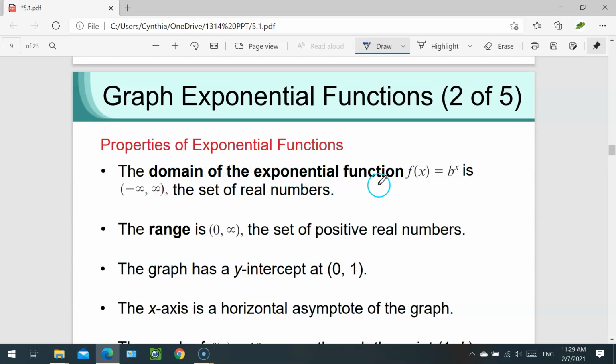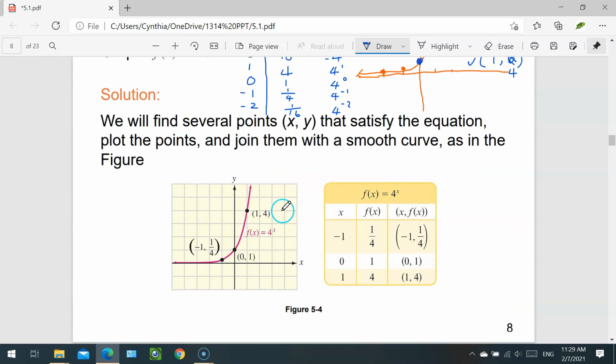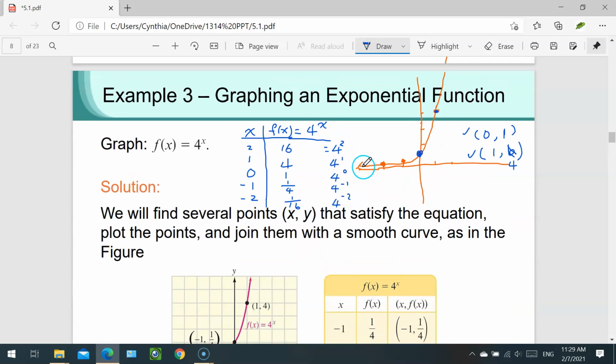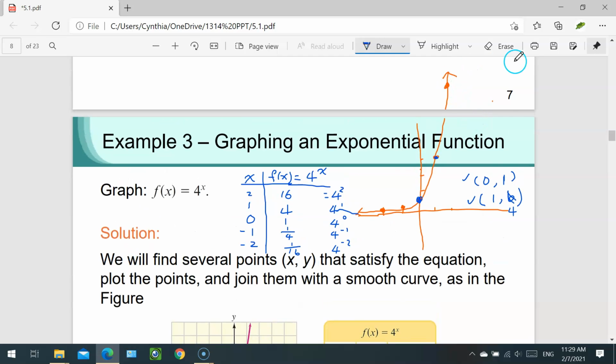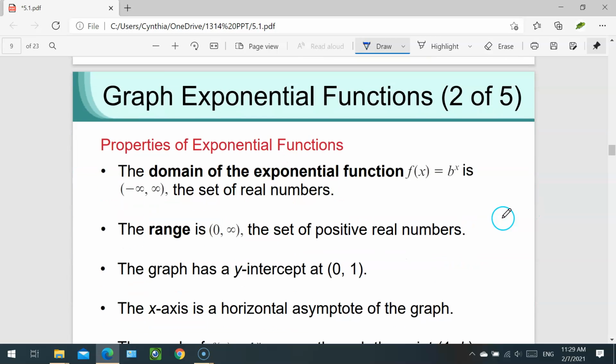The domain of the exponential function is all real numbers. If you look at the graph, it continues to the left-hand side forever and to the right-hand side forever. So the domain covers all the x-axis on the horizontal line.